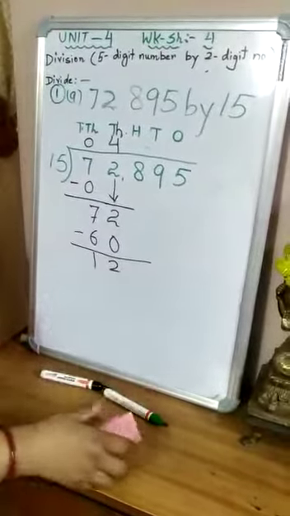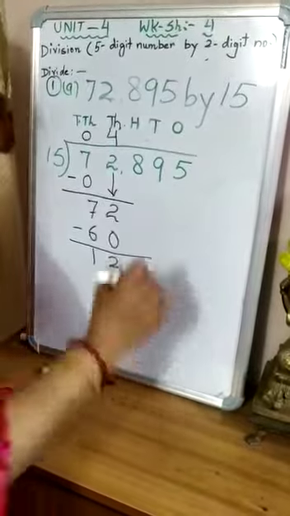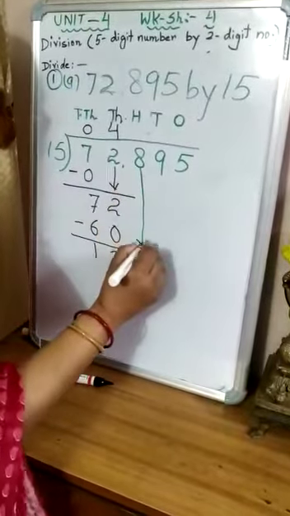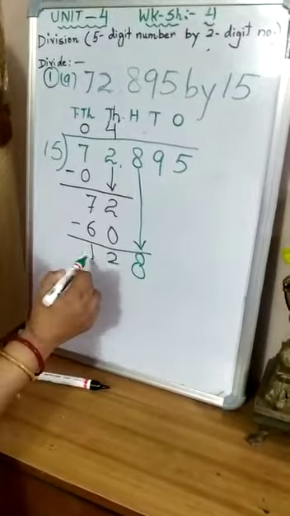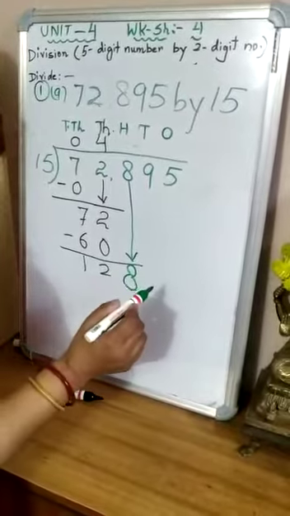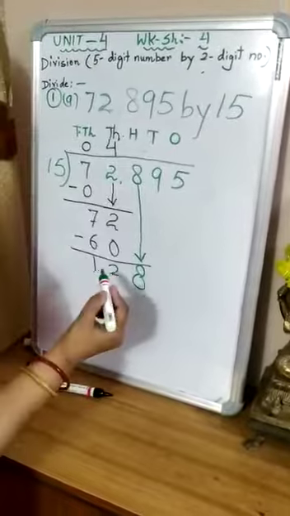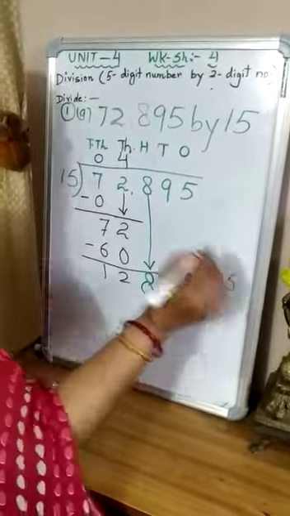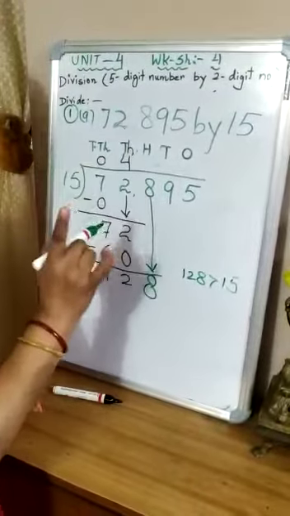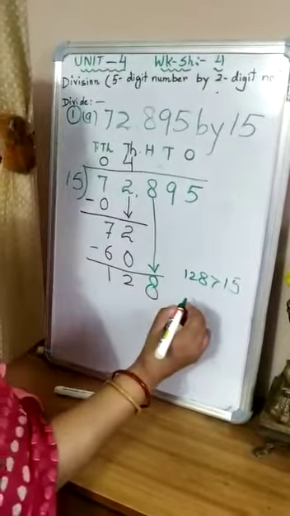Now all of you see this 12. Now with this 12 I will write down this 800 along with this 12. Now it becomes 128 hundreds, which will be divided by 15. Here 128 is more than 15. So I will start the table. 15 eights are 120. 15 nines are 135.